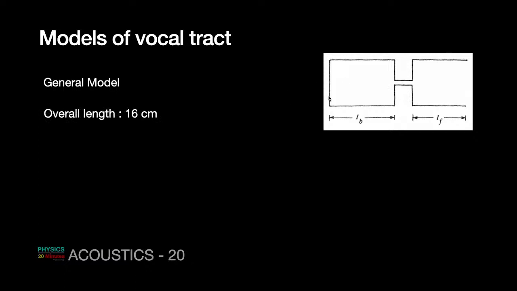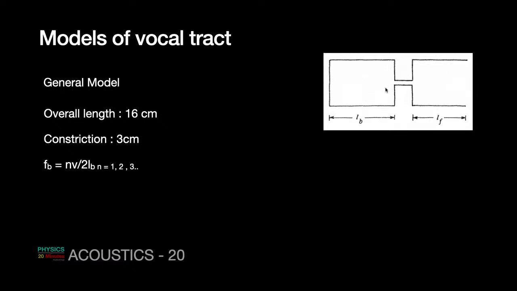Overall length remains fixed at 16 centimeters, but the restriction length keeps varying depending upon what kind of sound you want. There are other restrictions also. Sometimes the tube is made thinner or thicker, mimicking the behavior of movement of the tongue inside the mouth. So even that is mimicked.